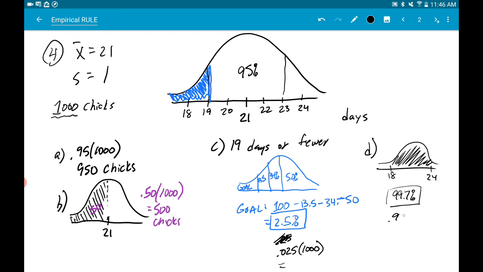And then 99.7% would be 0.997 times 1,000 chicks. So in this one we got 997 chicks. That makes sense that almost all of them would be included in 3 standard deviations. And the other one, if I multiply 0.025 by 1,000, it looks like it'd be 25 chicks. A very small chunk.